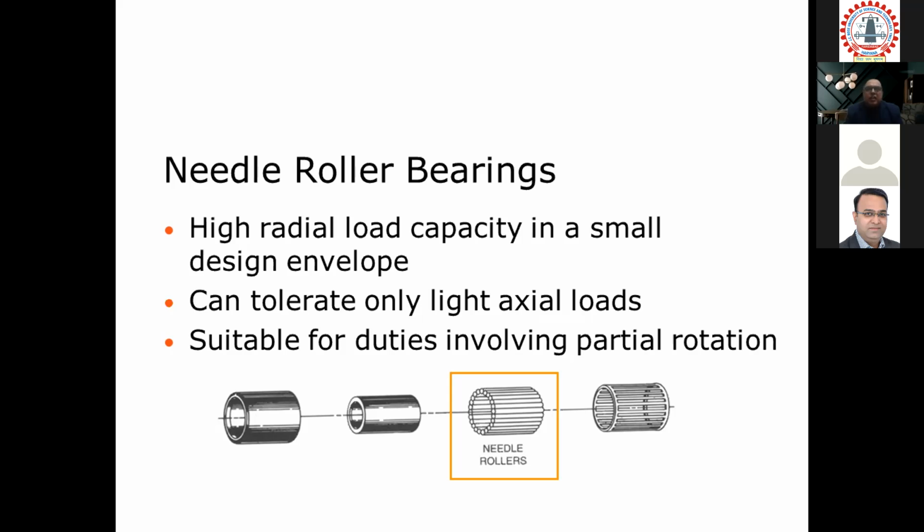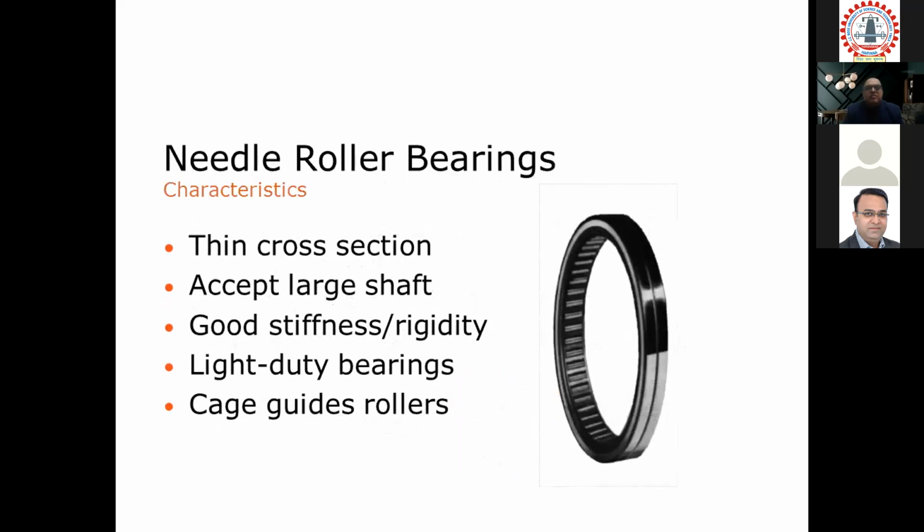It can tolerate very light axial load and is suitable for duties involving partial or slow speeds. Because of the longer needle, it cannot take very high speed applications. It will have a thin cross section. It can accept a very large shaft relatively for the size of the design. It will again give very good stiffness and rigidity to the whole system.